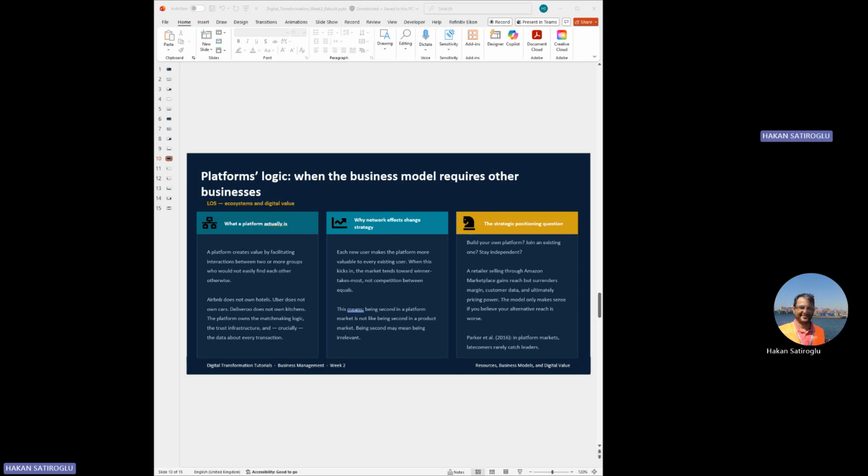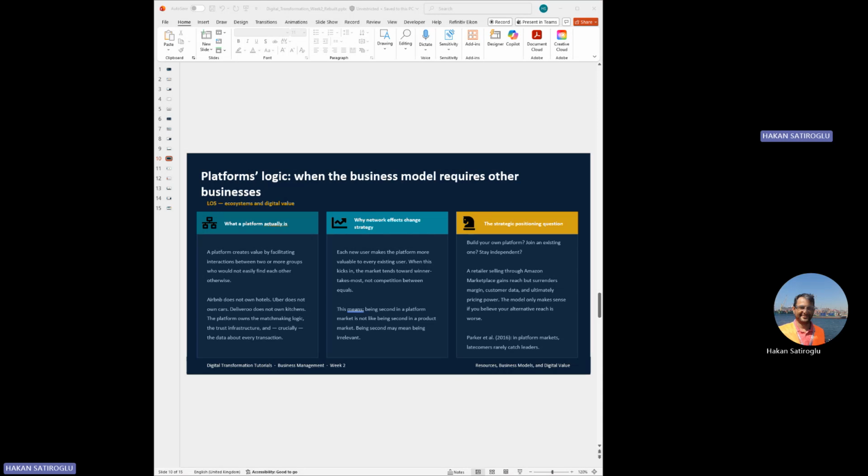This slide is explaining that a platform business is different from a normal business because it doesn't just sell a product directly to one customer group. Instead, it creates value by connecting different groups that need each other. Platform-based logic is like Airbnb, and we know Uber, and these are the organizations.